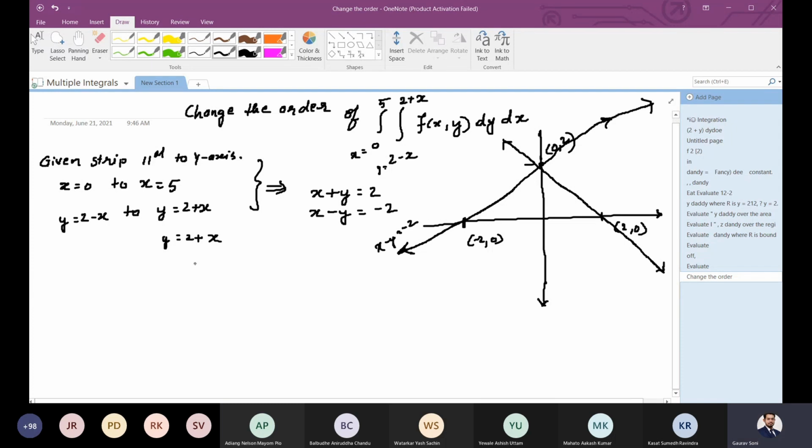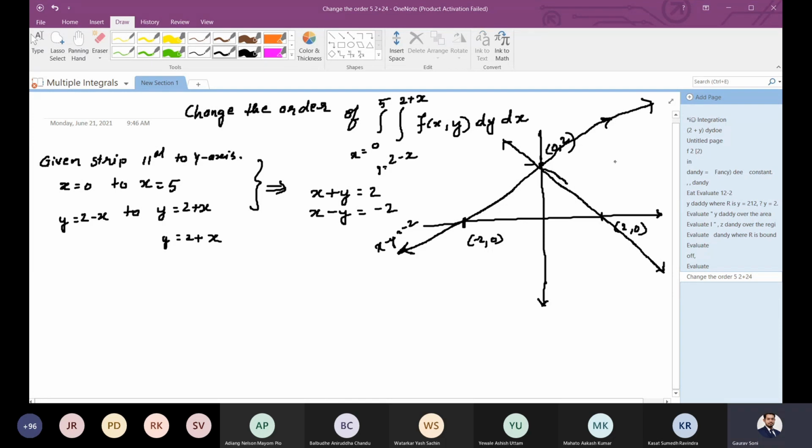Now next thing is we look at the value of x. A strip is parallel to y axis, the vertical one. For a vertical strip, the lower limit is the line x plus y equal to 2, and x minus y equal to minus 2 is the upper limit.